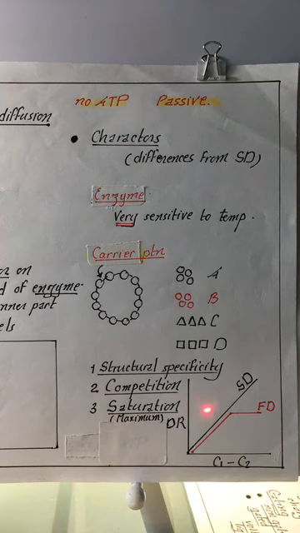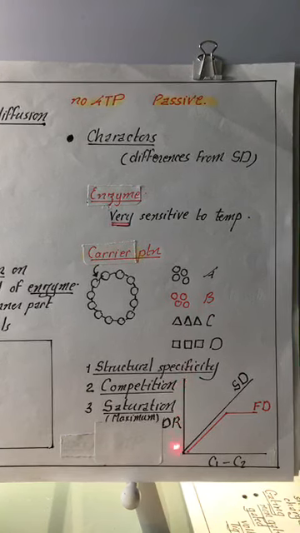Saturation will occur. And here we have a multiple choice question curve. They will give you two curves, the one in black and the one in red. The diffusion rate is directly proportional to the concentration gradient.